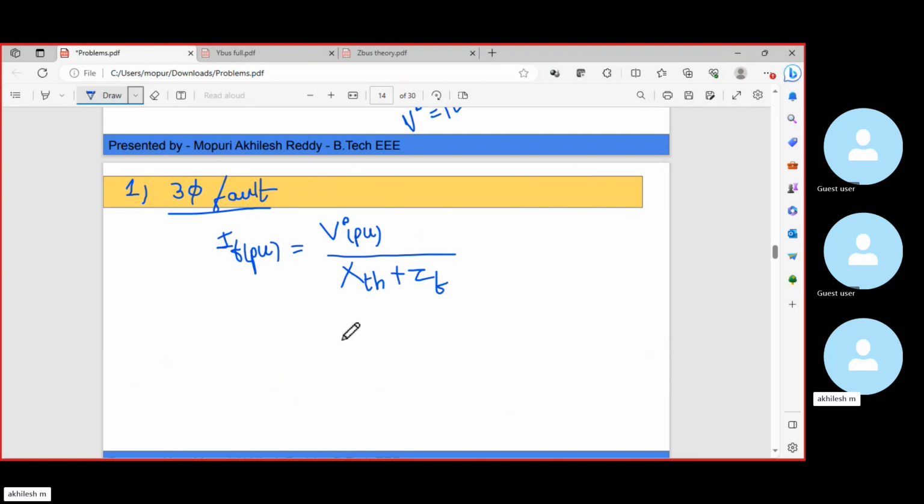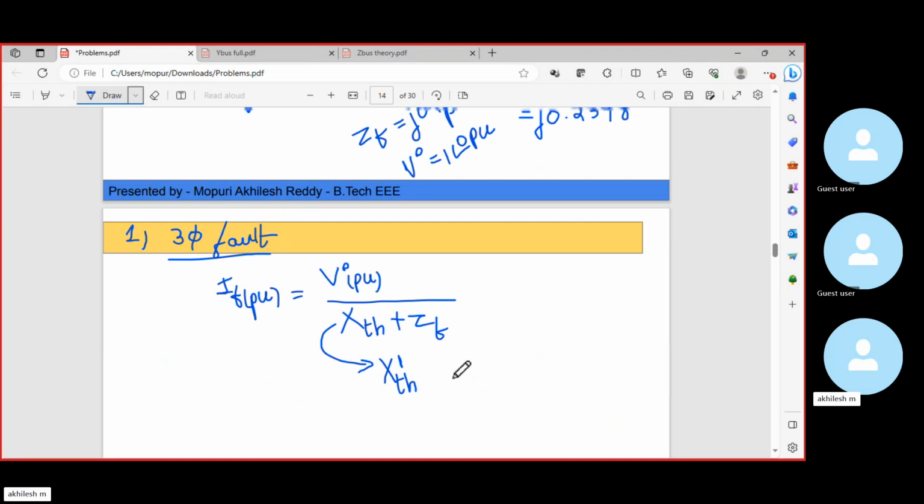So when we consider this three-phase fault, what do we need to take? If we want to compare the three-phase fault with each sequence, the positive sequence is equivalent to the general three-phase fault. So here we need to consider XTH1.